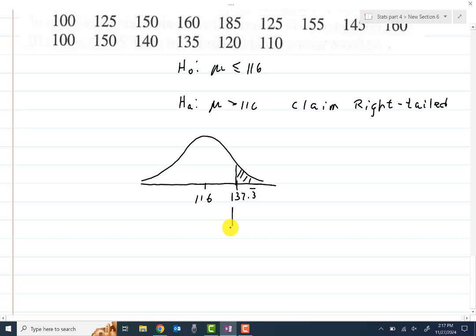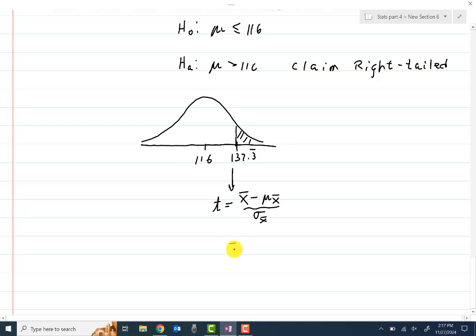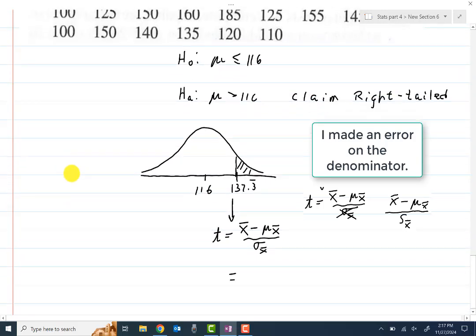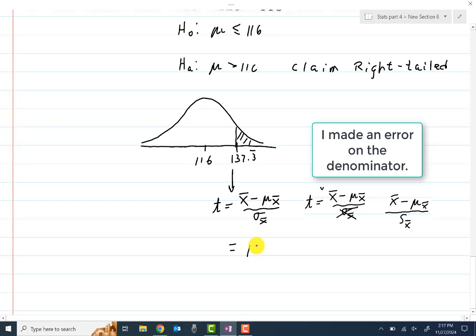Now, what it will do, though, is this. Once you go and get this, then you can put that in. So let's go ahead and get T. X bar was what again? That's right, the 137.3 minus 116 divided by, now this sigma of X bar, that's what we found over here.